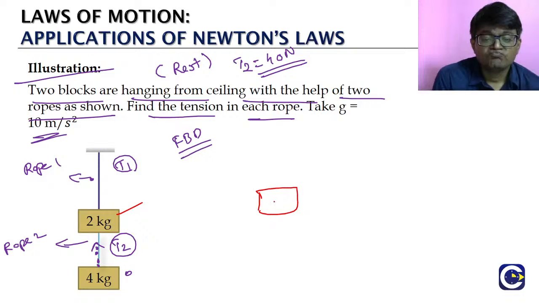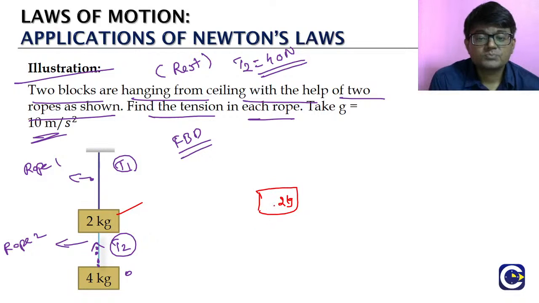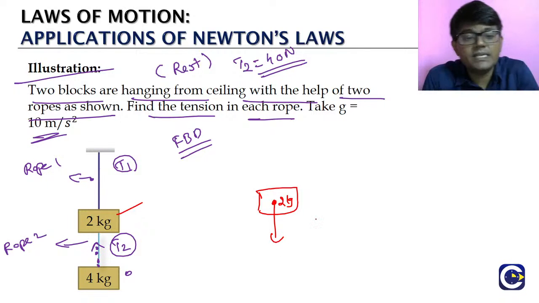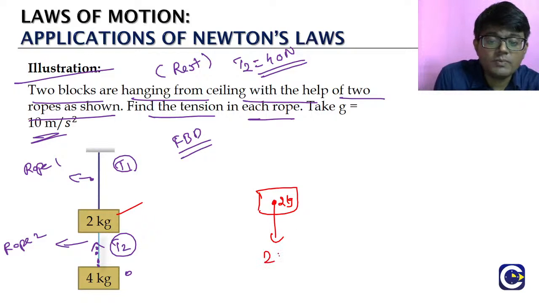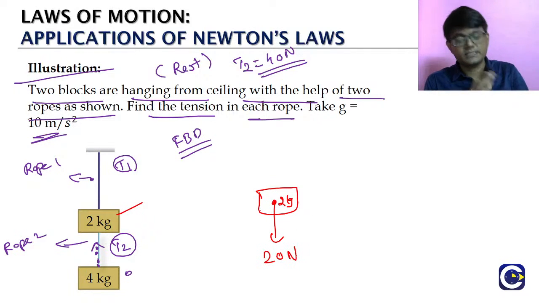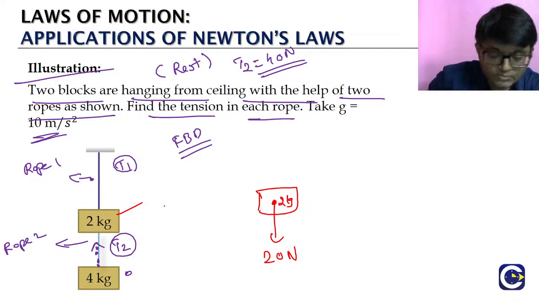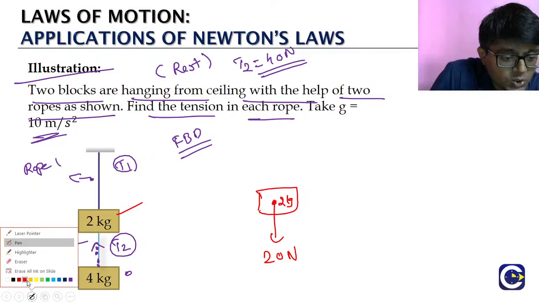Look at this. 2 kg block. It will have its weight. What is the weight? m into g, means m is 2 kg, g is 10. So how much is it going to be? 20 newtons. The weight value will be 20 newtons. Okay. Now observe carefully one thing.